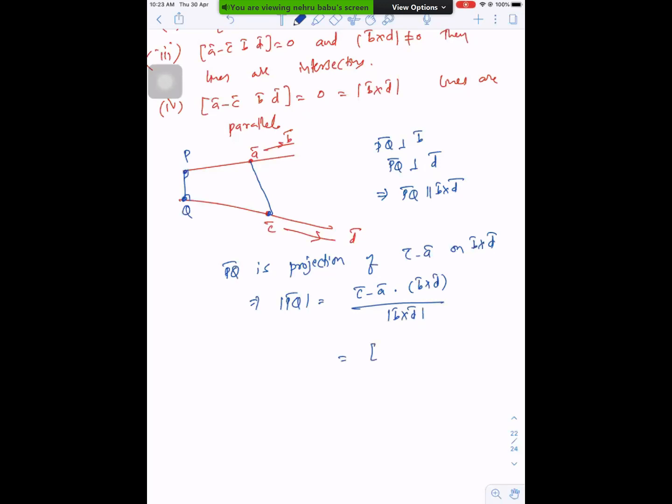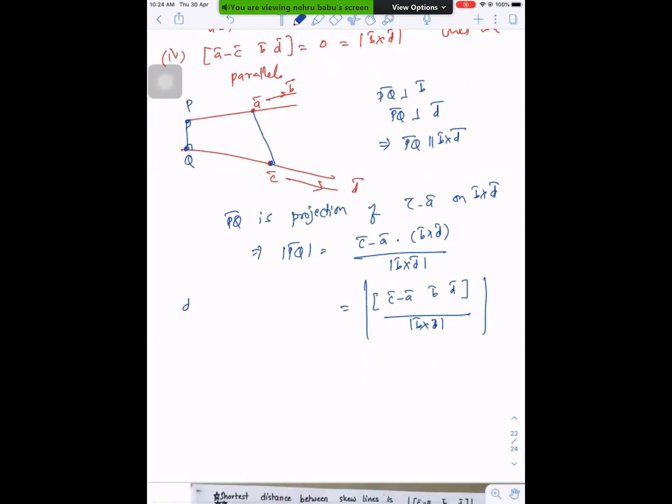So we are writing the box of c bar minus a bar, b bar, d bar by mod b cross d. But this result can be negative also, that's why we use the mod. So the distance between skew lines formula is this.